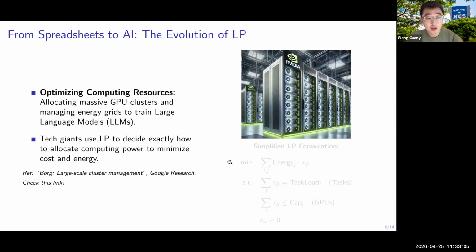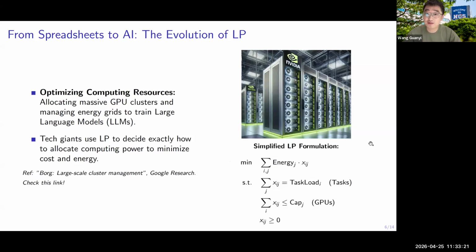So to do good allocation of computation resources and scheduling, managing the energy, and handling the carbon dioxide emissions, all these tasks could be simplified into a linear programming problem.